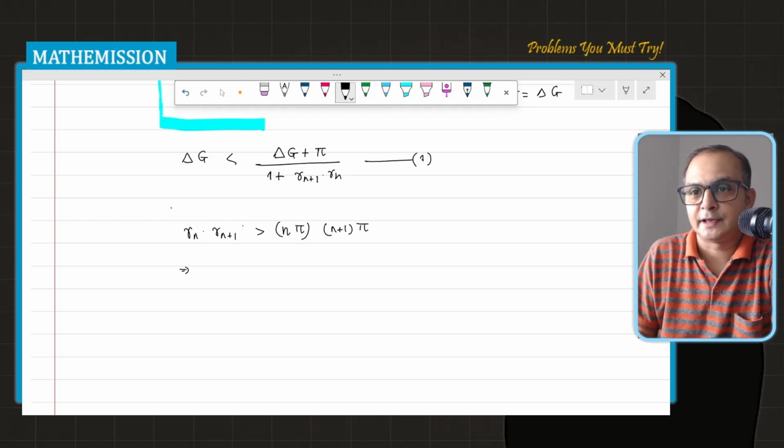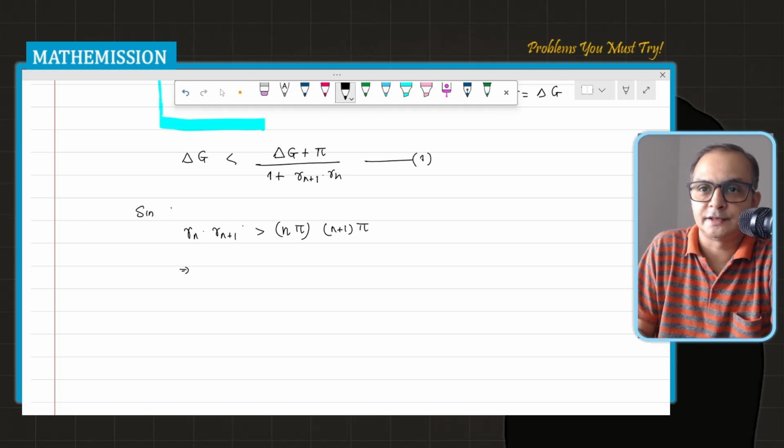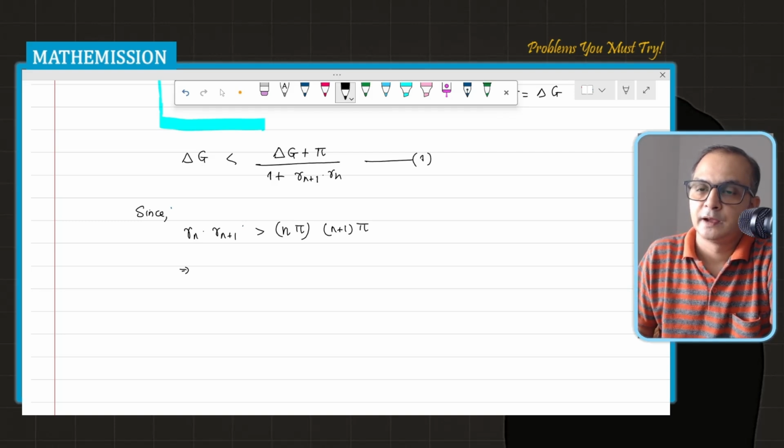It means I can write r_n into r_{n+1} is greater than n into (n+1) π squared.